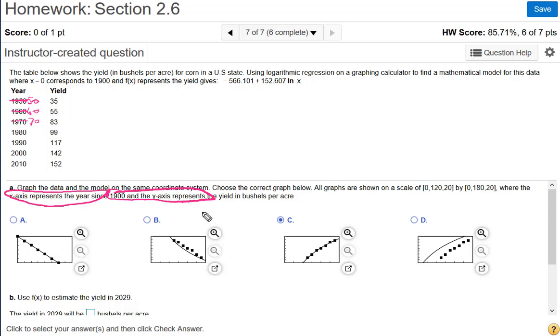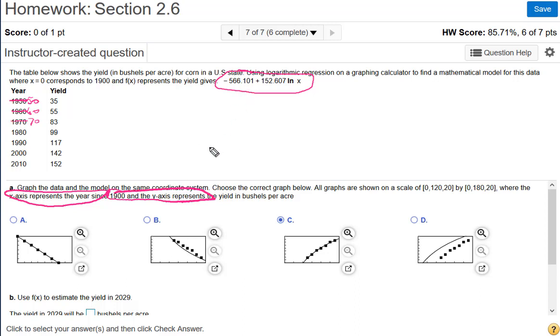So we don't need to enter these into our data list because we are already given the model. That would be really the only reason I would want to spend the time typing all of those into my calculator, is so I could use the regression to find the model. But they've already done that for me. So there's my model.